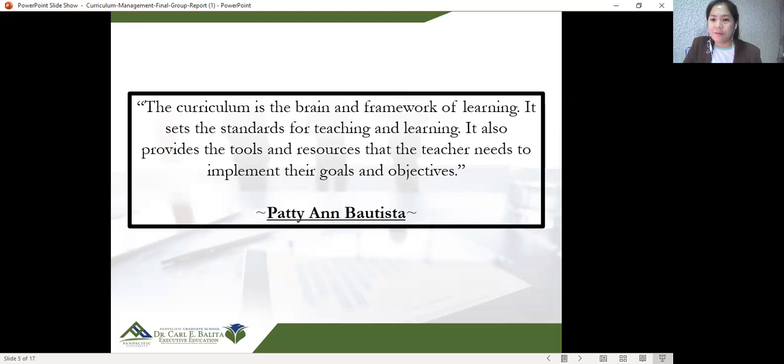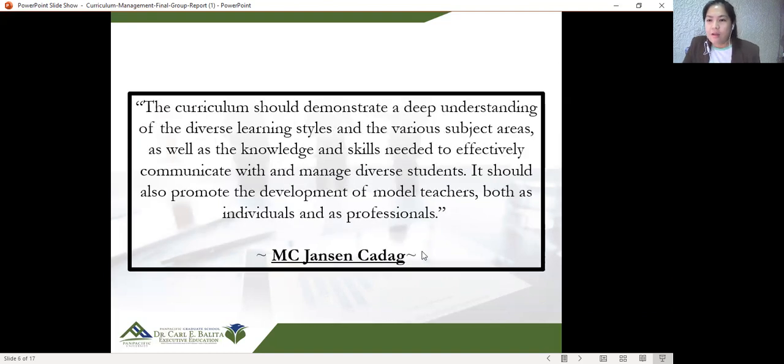And also, we have to be reminded that the tools and resources that we're going to use should be determined based on the goals and objectives that we have. The tools and resources that I'm talking about here are applicable now with the mode of learning that we have.